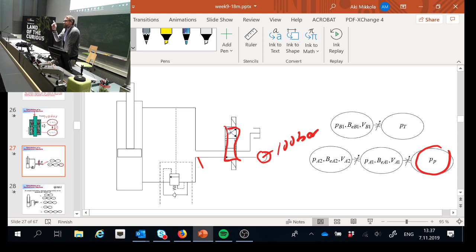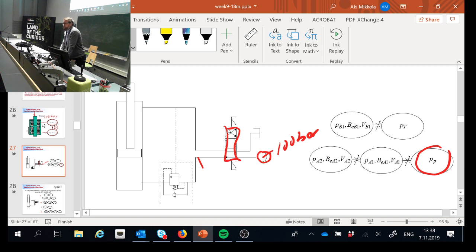It's actually a throttle where the size of the throttle is adjustable. That's what this kind of valve is doing for you. Yeah, you want to argue against? Go ahead. I'm not sure, but isn't it just a direction control valve? Yeah, this is a direction control valve. So why would that act like a check valve?